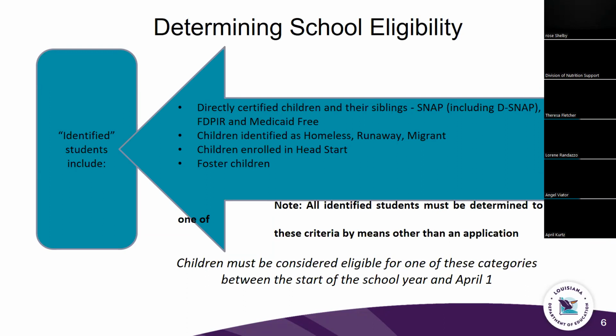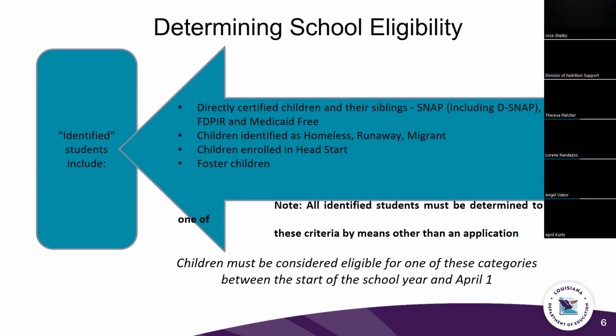Identified students are also children who are categorically eligible for free school meals without an application and who are not subject to verification, including homeless, runaway, and migrant children, children enrolled in a federally funded Head Start program or comparable state-funded Head Start or pre-kindergarten program, and foster children certified through means other than a household application.